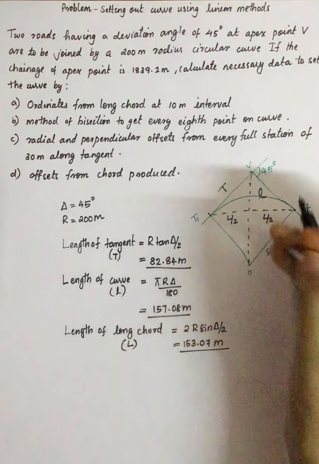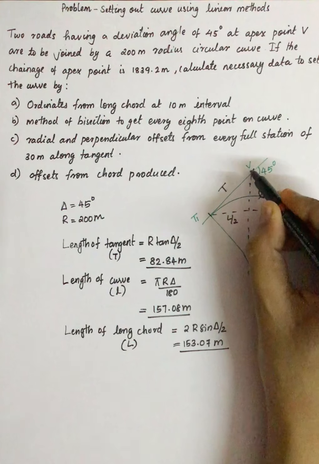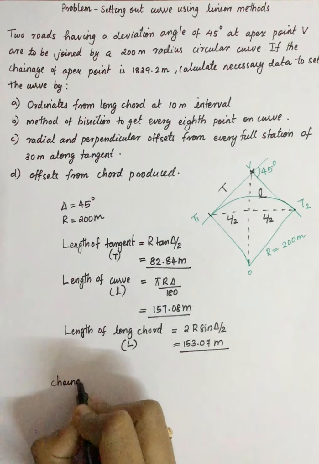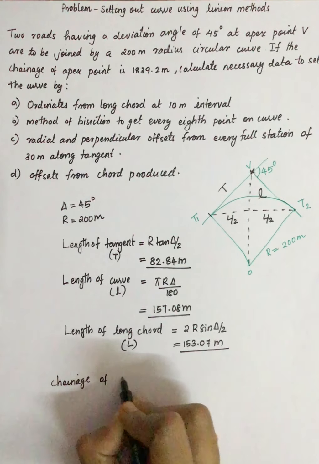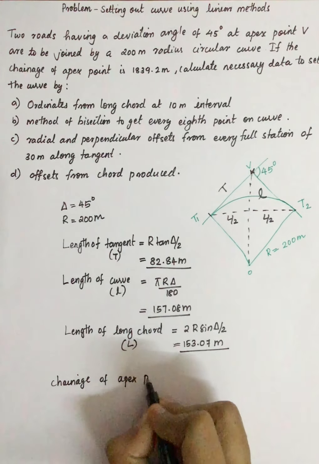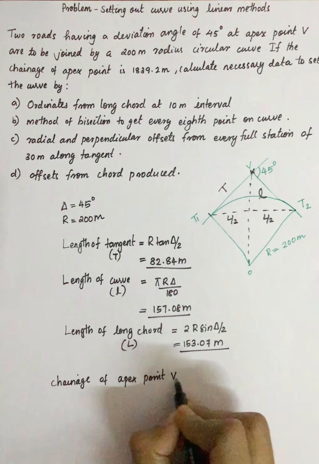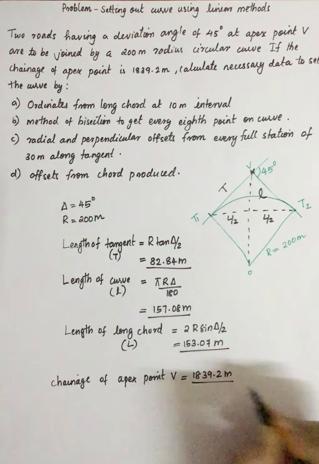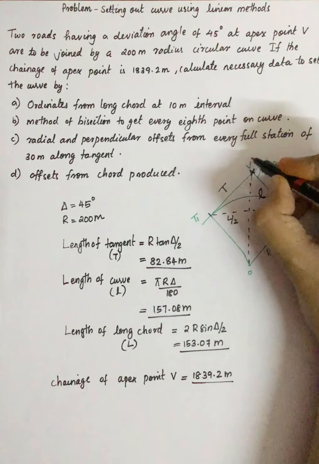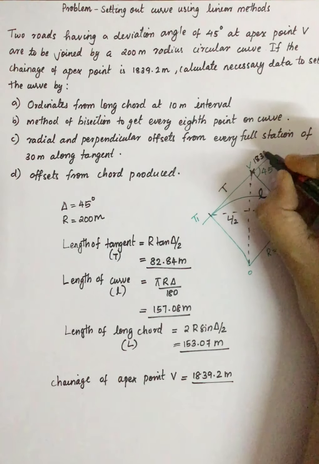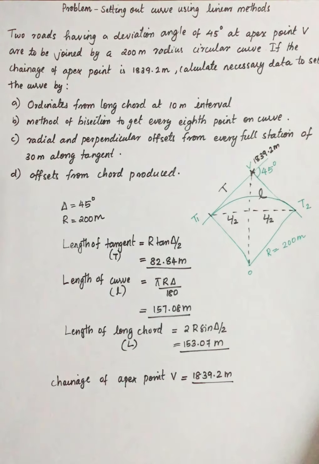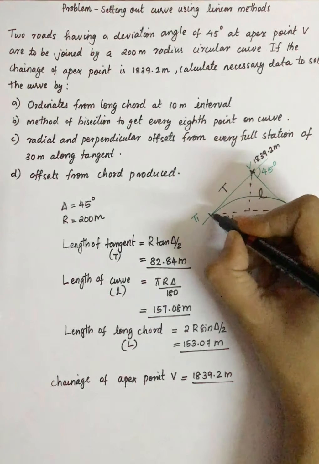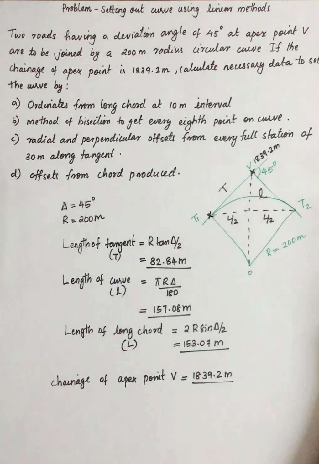So the chainage of apex point V is 1839.2 meters. So the chainage at this point is 1839.2 meters. So if this is 1839.2 meters, you can find the chainage at T1, right?